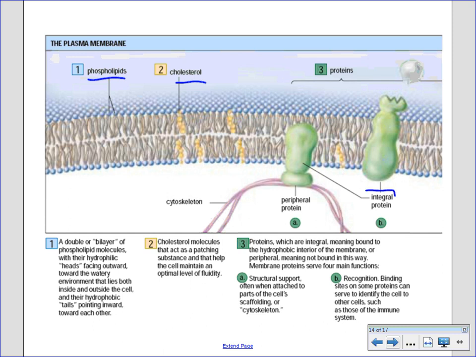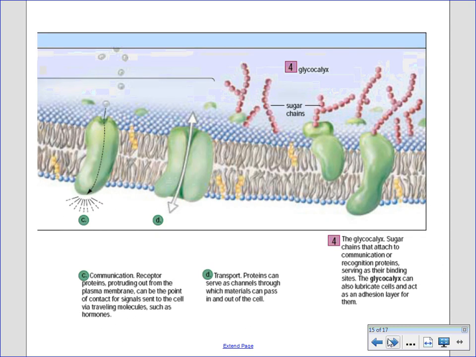And then you can have those integral proteins that are transmembrane and peripheral proteins that can move about or can be associated with integral proteins as well. You have the protein channels that will allow substances to move in or out of the cell.